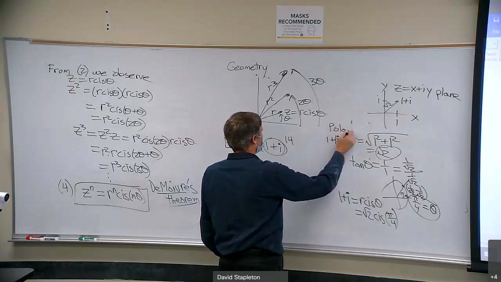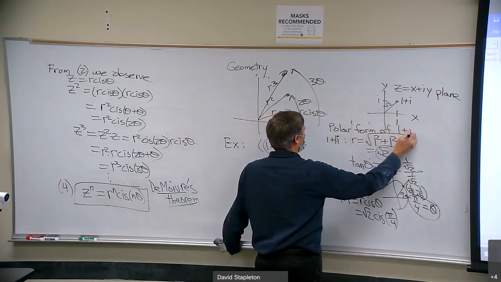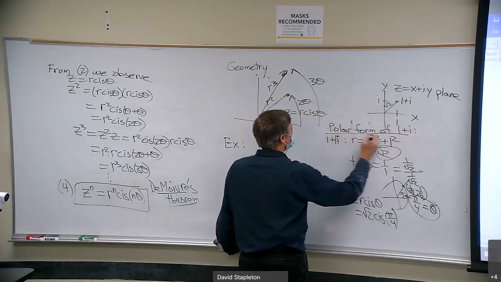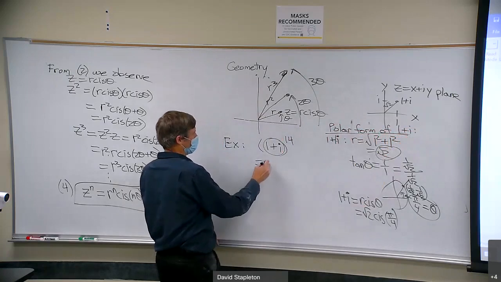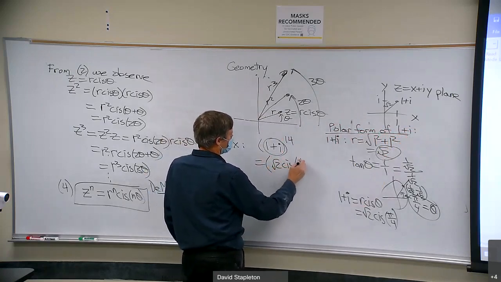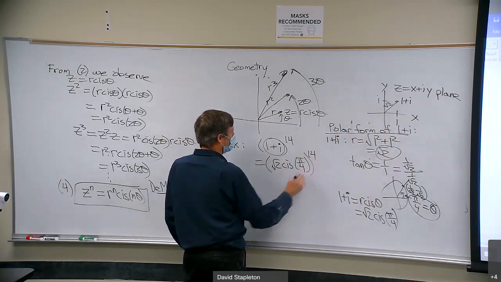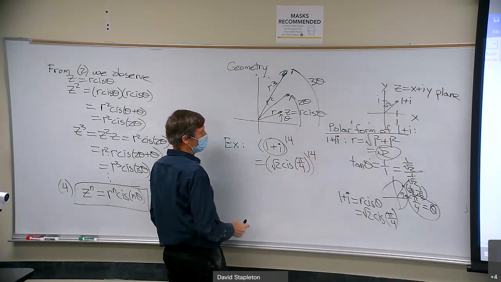I'm just computing this on the side. Then I'll plug it in over here and rewrite this as square root 2 cis pi over 4. I could compute cosine and sine and get this back. What's the 14th power?